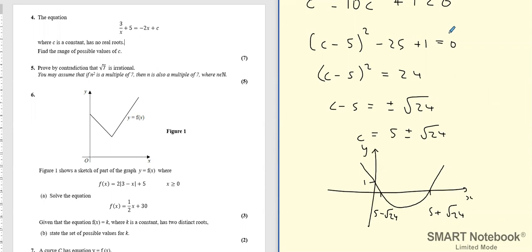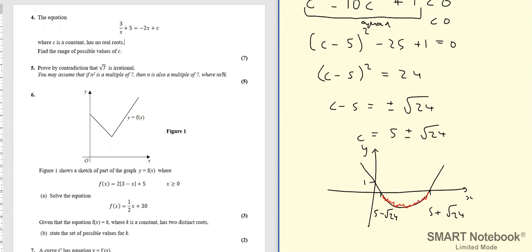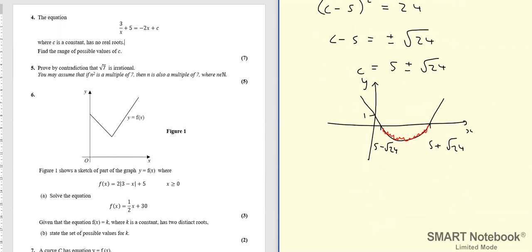Now we want to know where this quadratic here is less than 0. Well, it's less than 0 when it's below the x-axis, the region that I have shaded in red there.